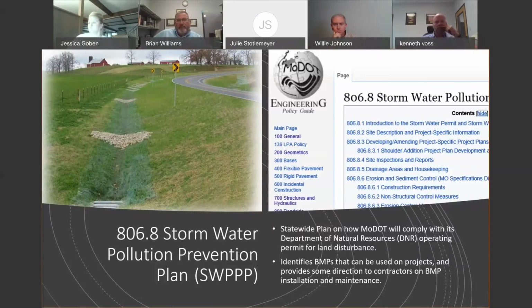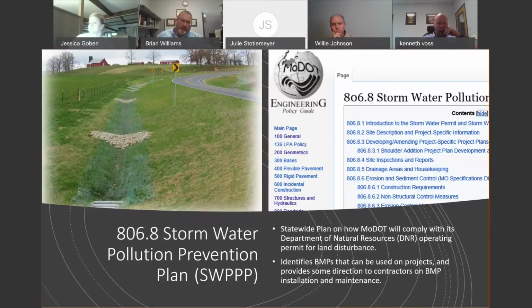It is probably the only article in the EPG that we utilize more closely to the contract document, because the spec book does require that the contractor follows all state and federal laws, and the main disturbance permit does require that we have a SWPPP. So this is where we house that.